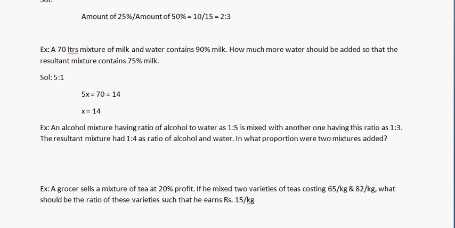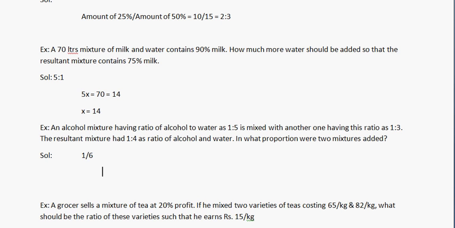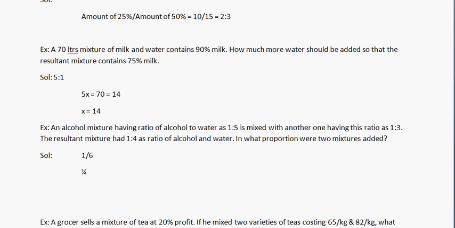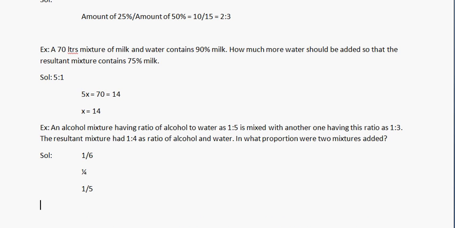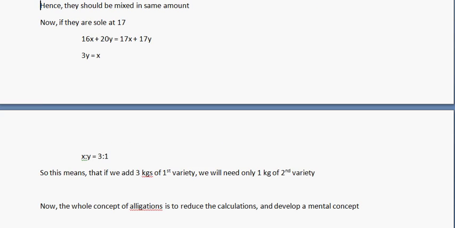that the amount of alcohol in the first solution is 1/6, the amount of alcohol in the second solution is 1/4, and the amount of alcohol in the resultant is 1/5. So now just substitute these values in our alligation matrix.